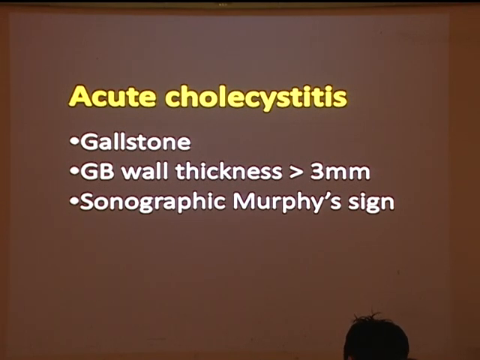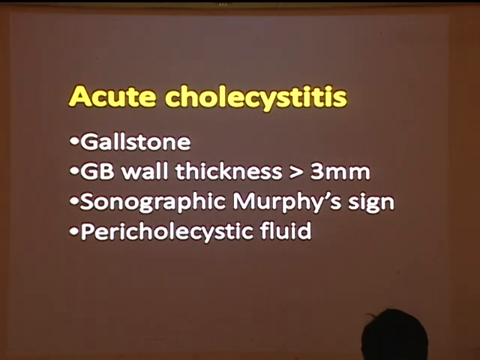If the patient's maximal tenderness is reproduced by this action, this means a positive sonographic Murphy sign. So it's highly predictive of acute cholecystitis.